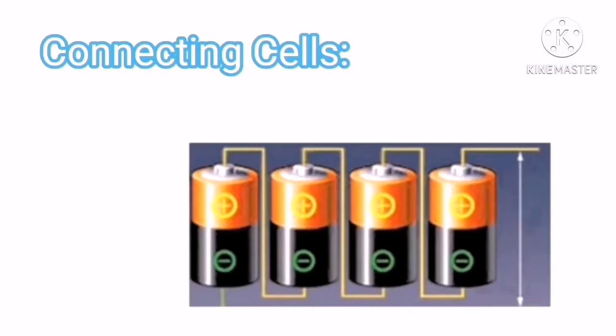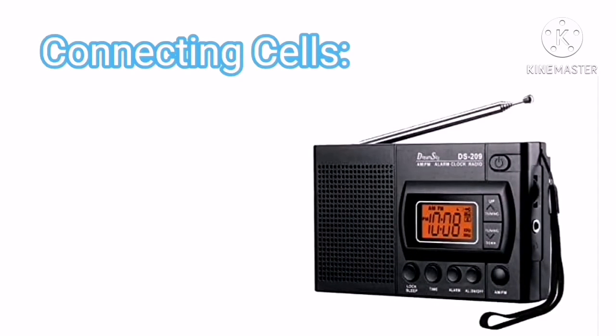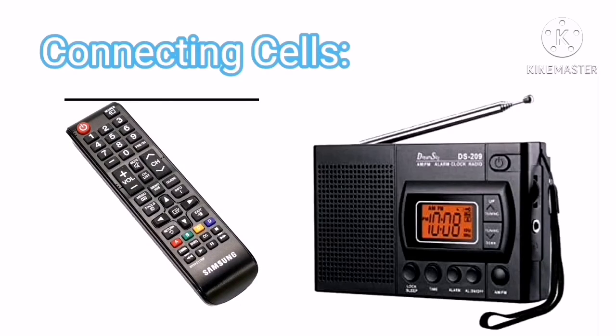Some students may doubt why we do that. It is to obtain more potential difference with the help of more than one dry cell. Now see the examples of connecting cells. First one is a transistor radio and another is a remote control. Here we can see that the dry cells are connected in series.